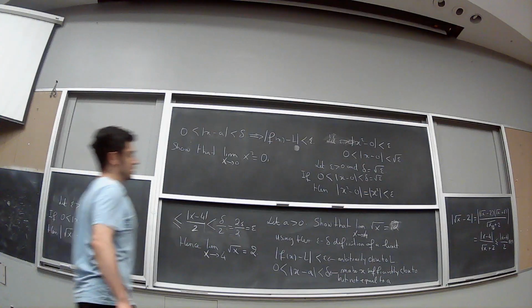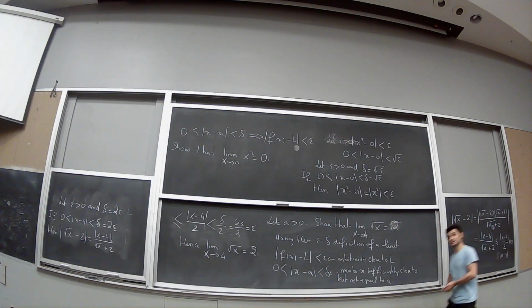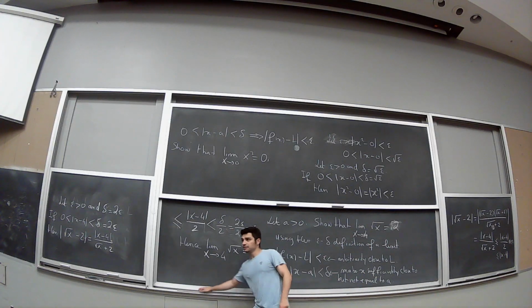Let's double check that. This is true, right? You agree? So you say that this is less than x minus 4. Yeah, that's fine. You can pick delta as epsilon. That's totally fine.